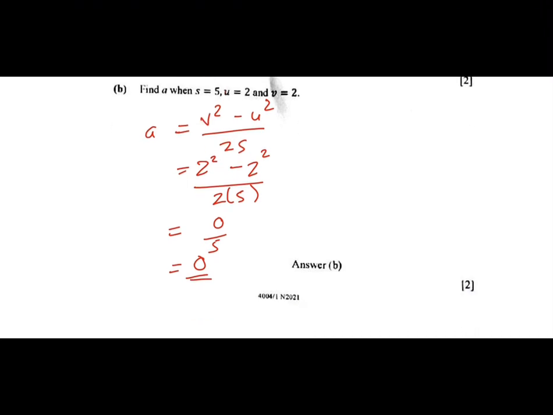Since both v and u are the same, 2 squared is equal to 4, and it will be now 4 minus 4 divided by 10. So it will be just simply 0. Okay, so 0 over 10, whatever the number, doesn't matter, 0 over 10 is equal to 0. Dividing 0 by a number, the answer is still 0.